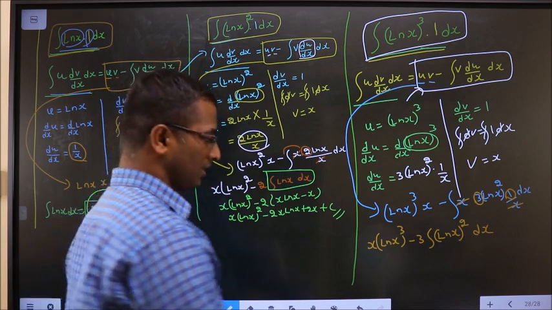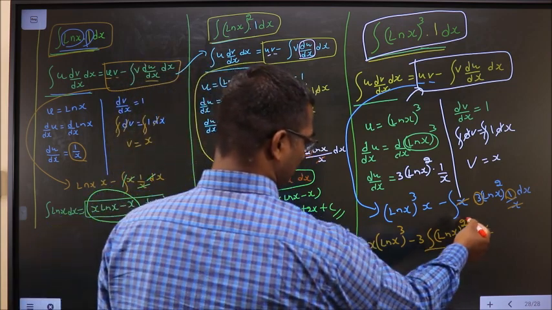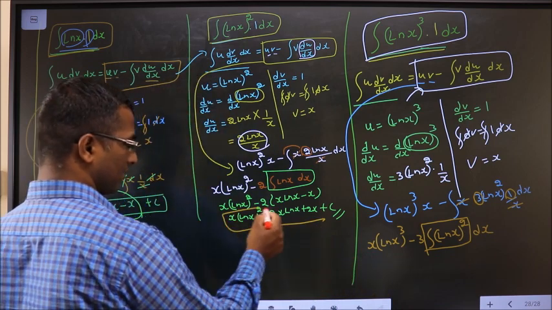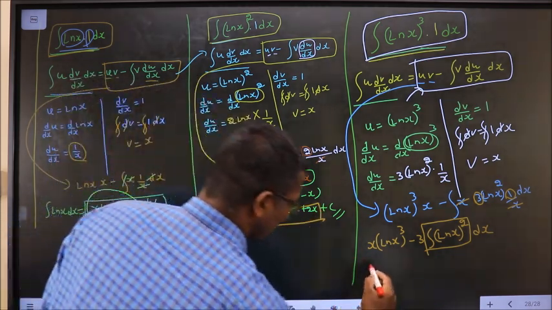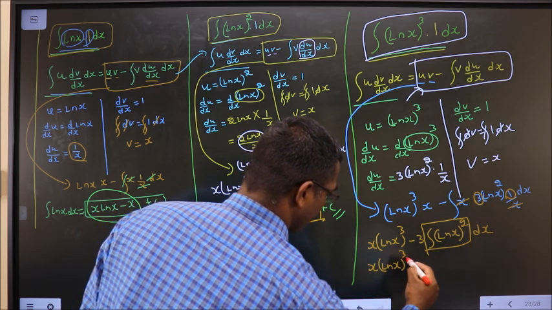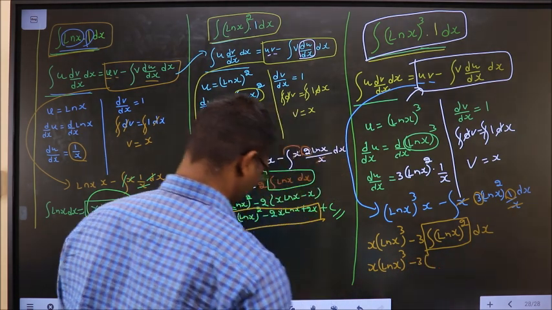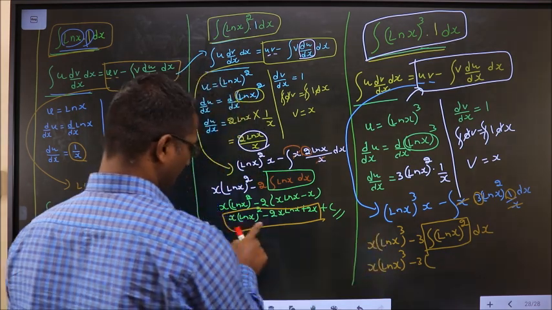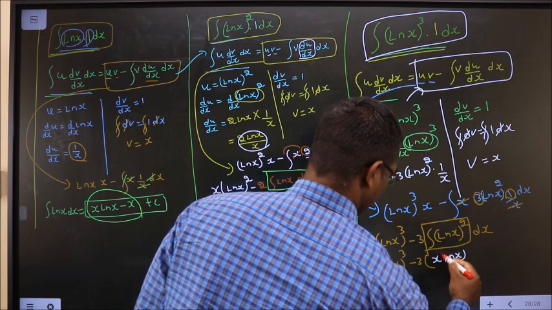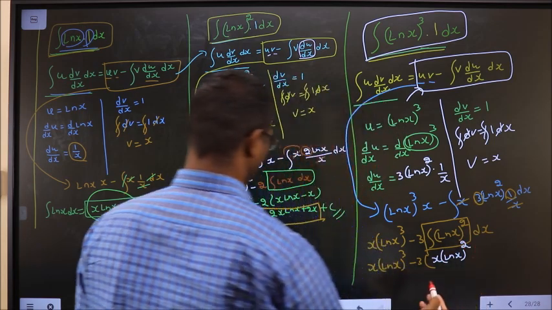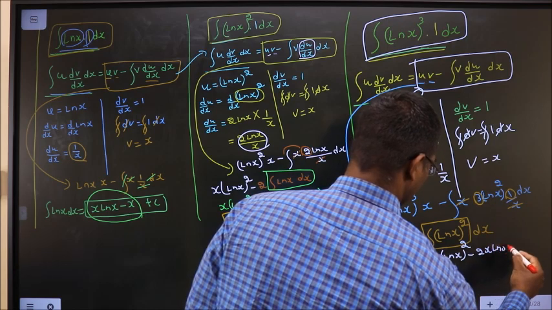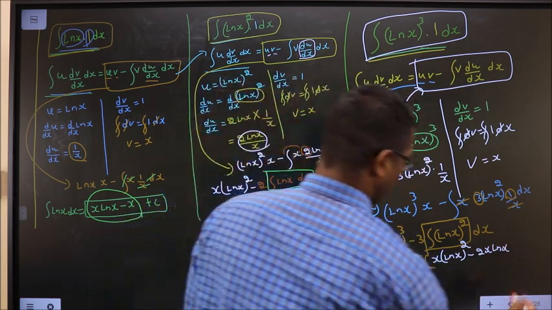Okay. Now, how much is integration of ln x whole square? That I take from here. Okay. So it is x ln x whole cube minus 3 times of x ln x whole square minus 2x ln x plus 2x.